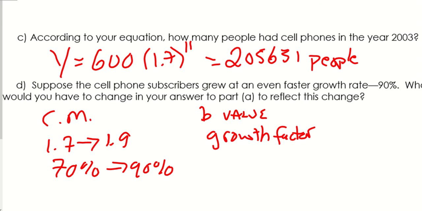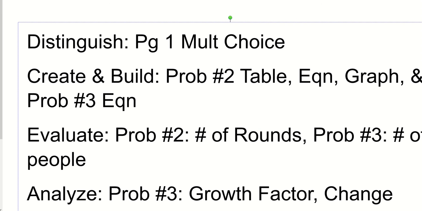So just to break down what went into each competency, the distinguished competency was made up of that page 1 multiple choice. The create and build competency was based on the table, graph, and equation from problem 2 and the equation from problem 3, as that is all stuff that you had to create and build.